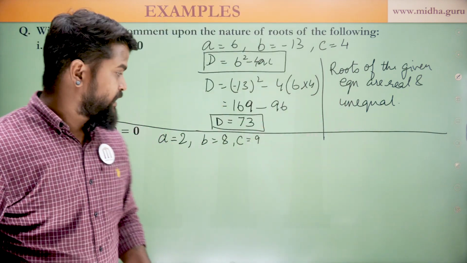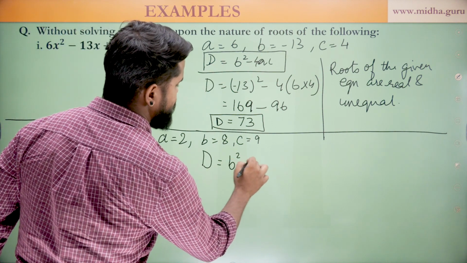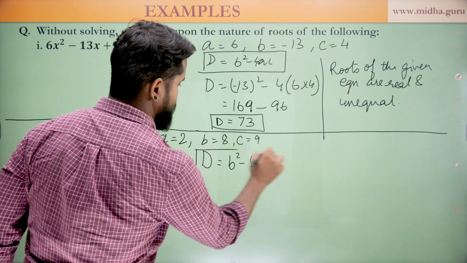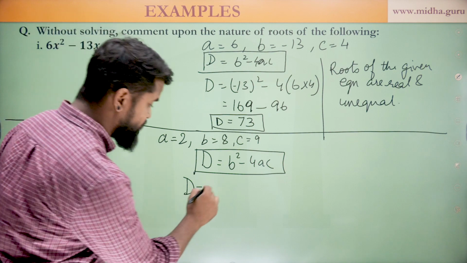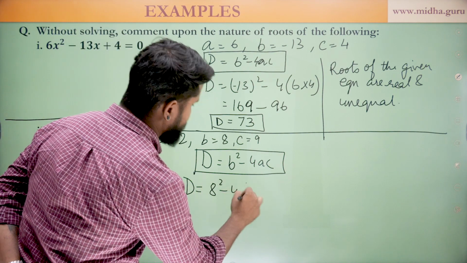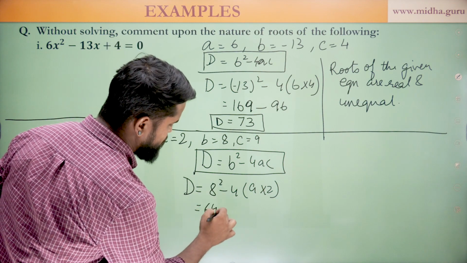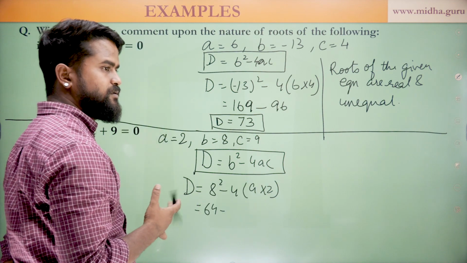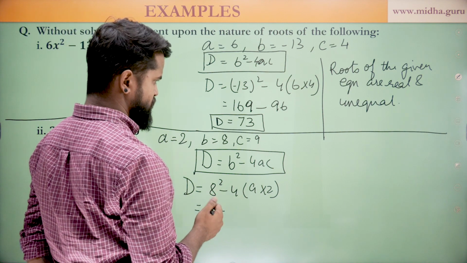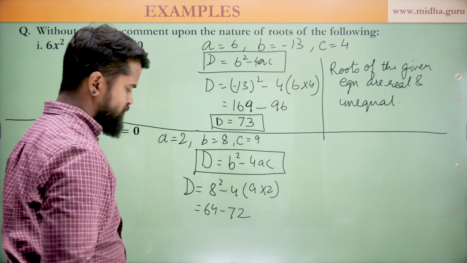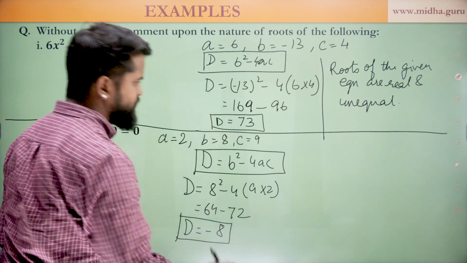Now all I have to do is, again, substitute these values in the formula of the discriminant. It is b squared minus 4ac. So D is equal to b squared, that is 8 squared minus 4 times 9 into 2. So I'll be getting 64 minus 72, which will give us minus 8.